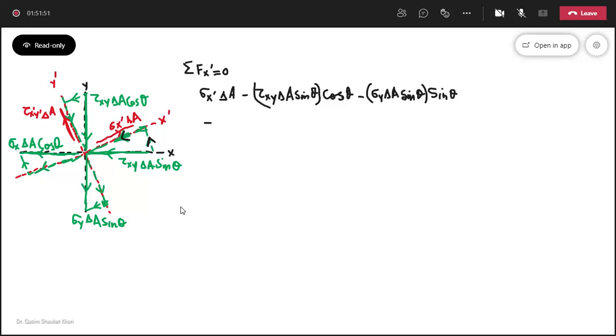So this will be minus sigma x delta A cos theta, and this component will be cos theta.